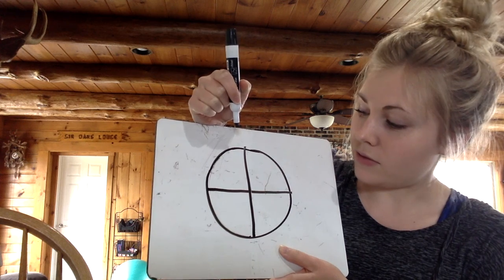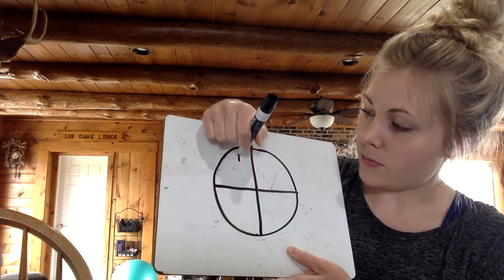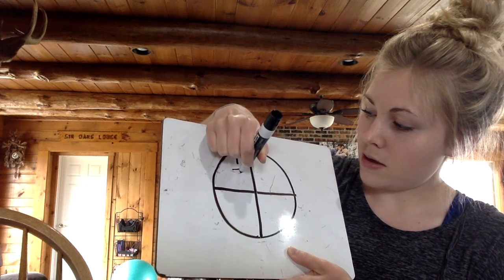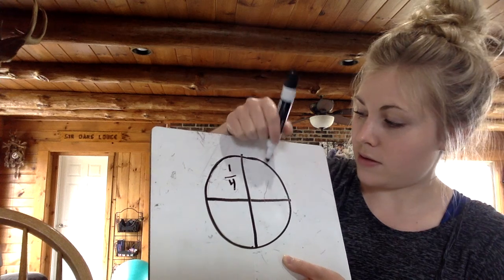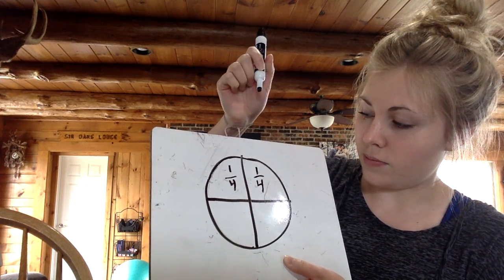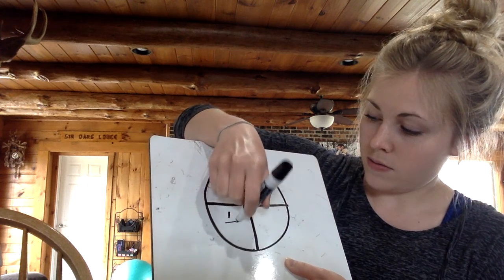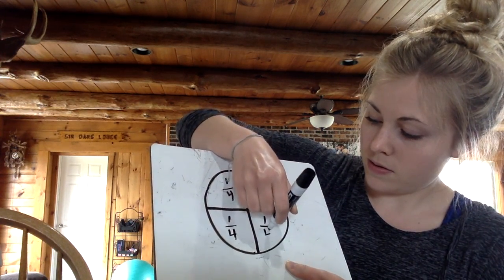How would I label each of these pieces? Remember, I'm in 1 out of 4 pieces. This is 1 out of 4 pieces. 1/4, 1/4.